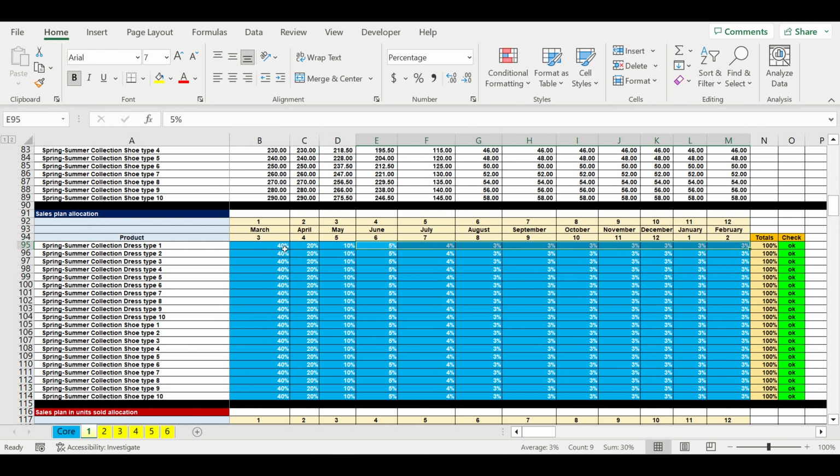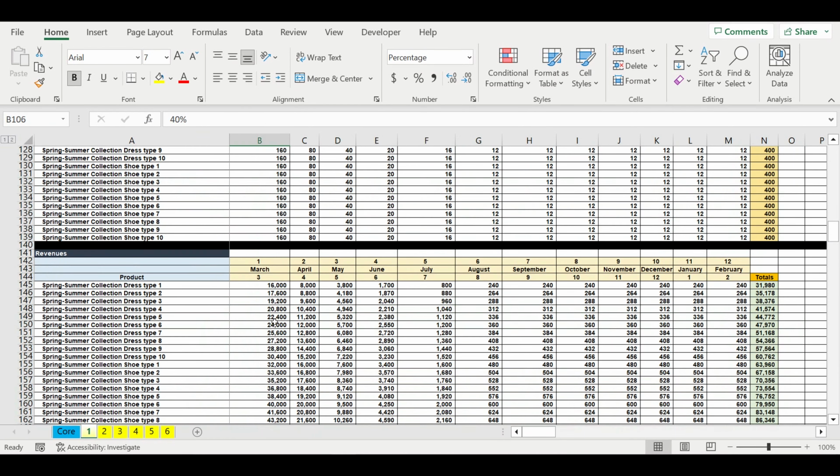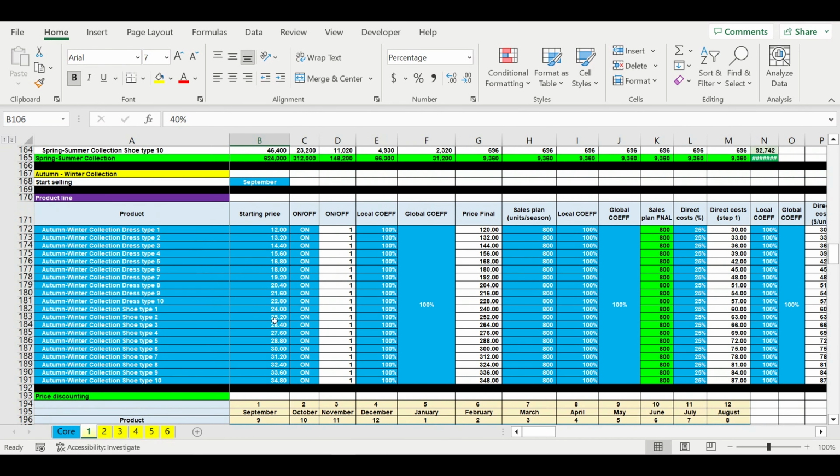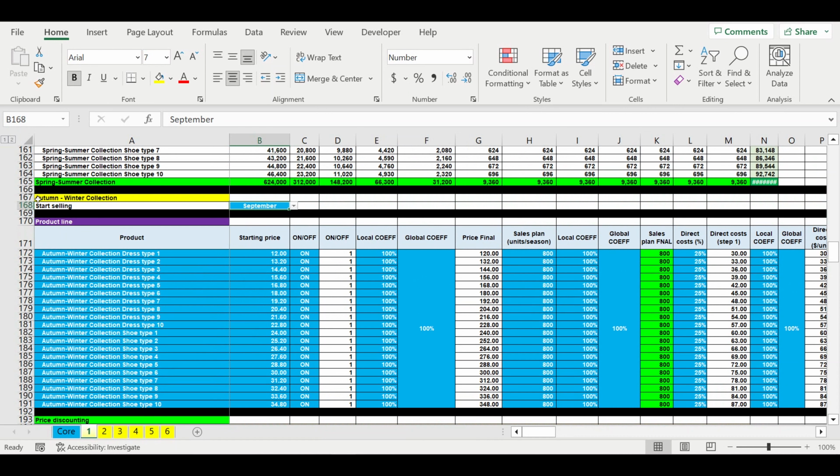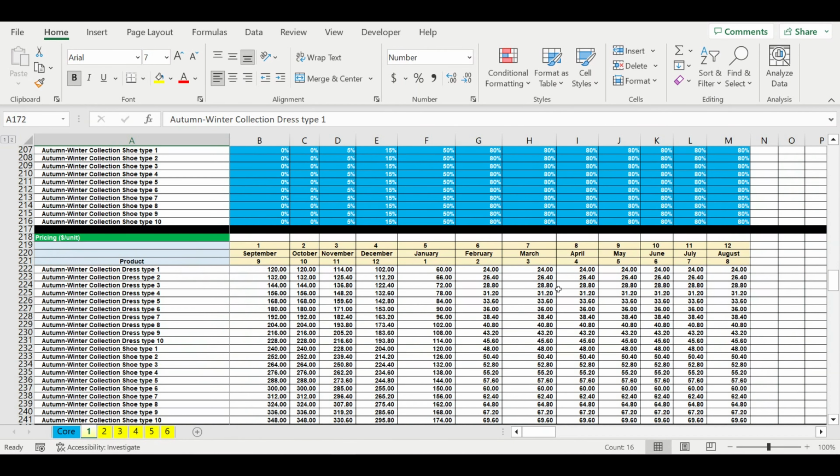So we allocate 100% of the sales plan inside this timeline for different types of products. Then we have the same story for the autumn winter collection: product line, pricing, sales plan, discounting.